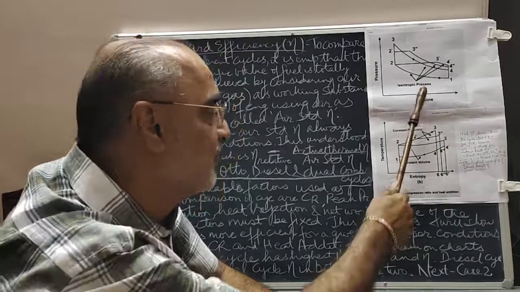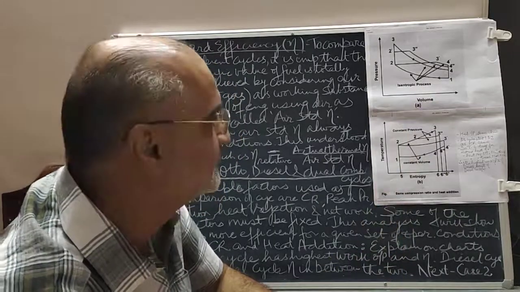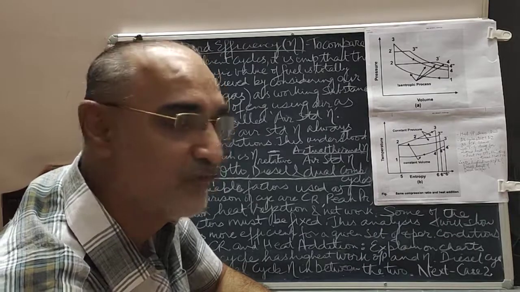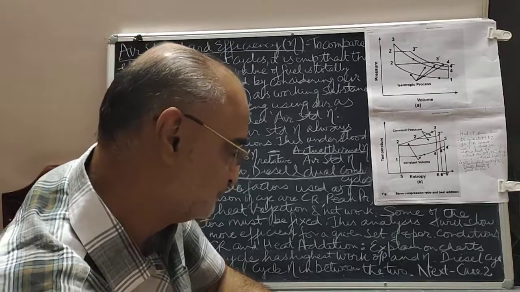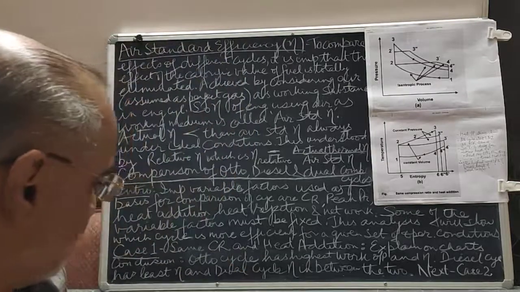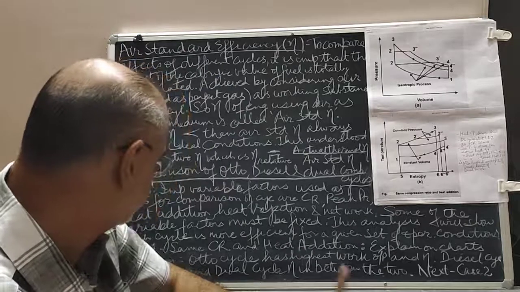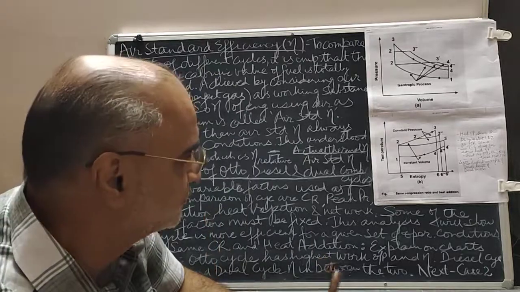This is the inference we have drawn from these two, PV and temperature entropy diagrams. Now this is case 1.